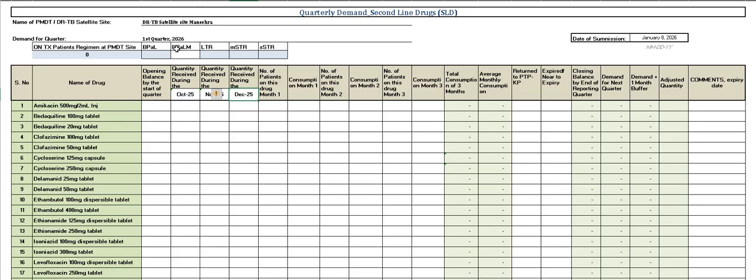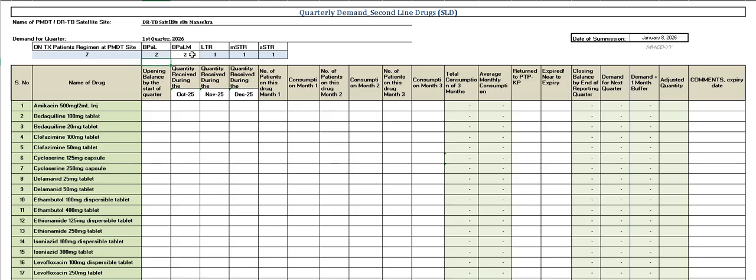Now we will mention how many patients are registered and under treatment in a certain PMDT site or DRTB satellite site. For example, at your site there are two patients for BPAL, two for BPAL-M, one for LTR, one for modified STR, and one for the standard STR.